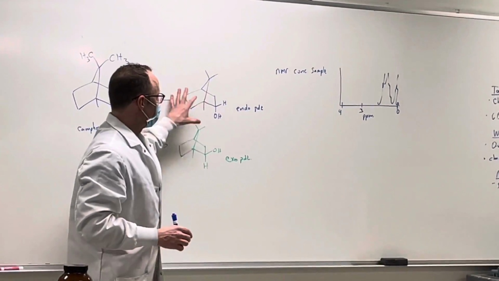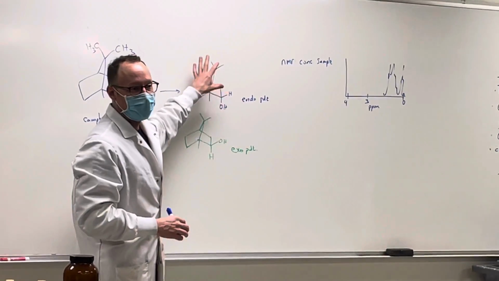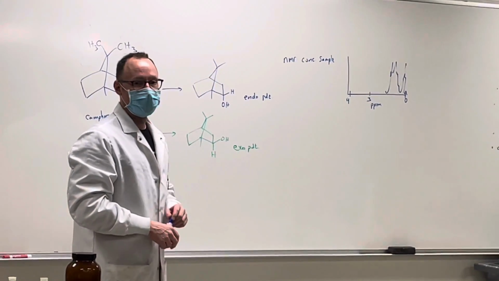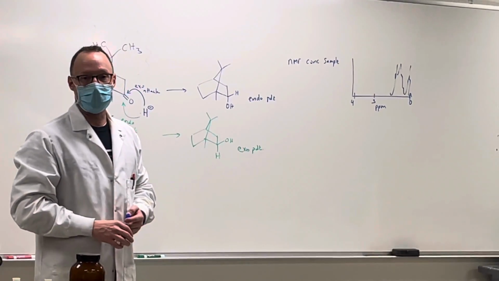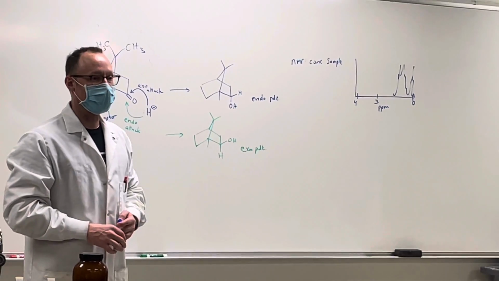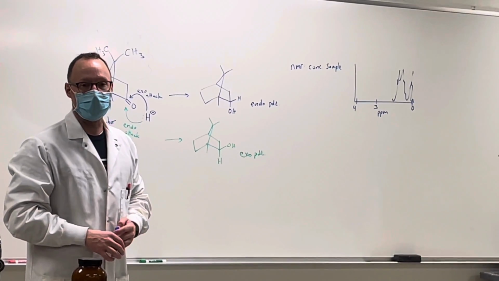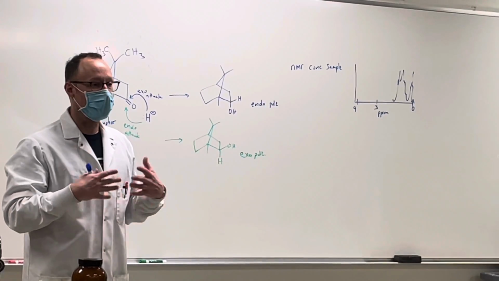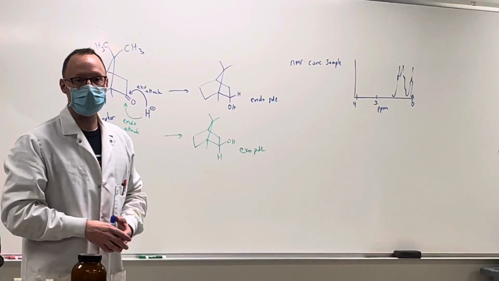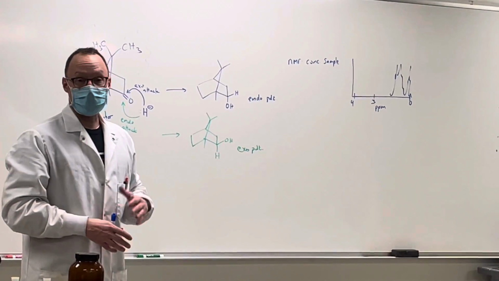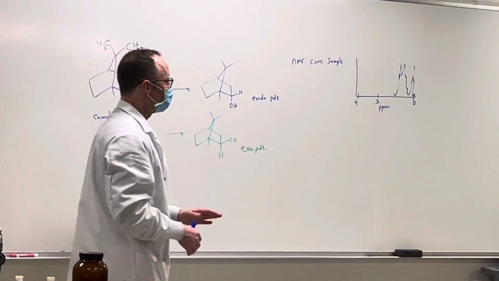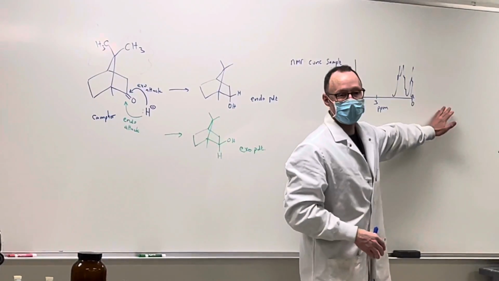Looking at the molecule, you can probably see why. Right? You have a whole bunch of protons that are very, very similar to one another. And so in that 0 to 1.5 ppm range, it's just going to be a mess of accidental equivalents. But that's okay, because you are going to completely disregard everything in this region.